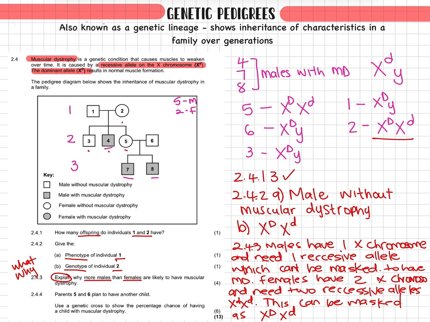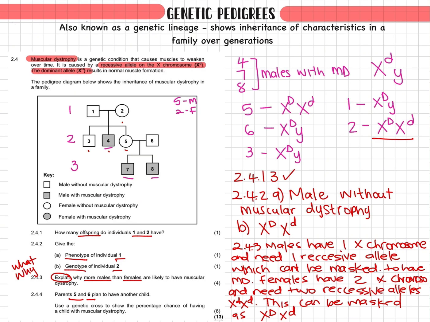This is a 4-mark question, hence we are comparing males to females. Now the last question, parents 5 and 6, they want to have another child. We use a genetic cross to show the percentage chance of having a child with muscular dystrophy.